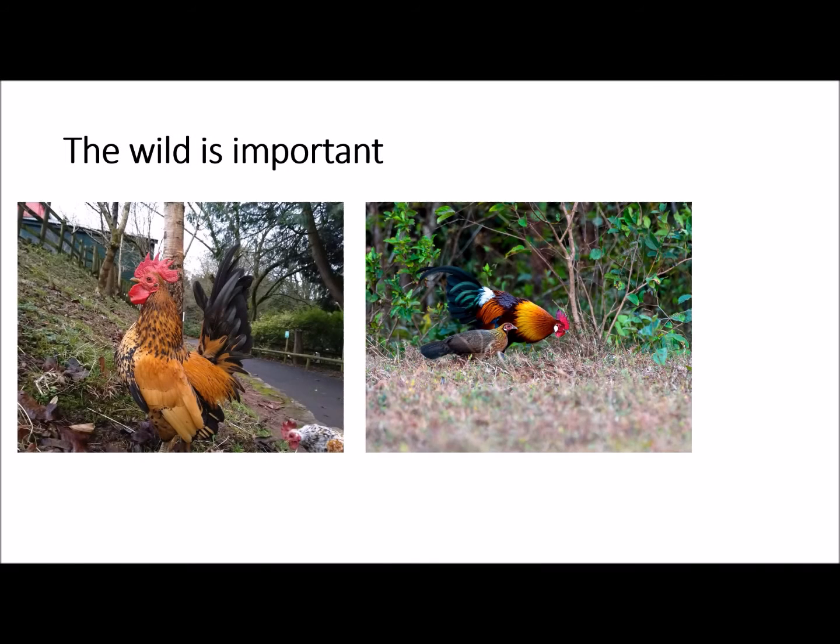It's really important to always consider the wild as our baseline for what behaviour means. Here's an example of a domestic chicken compared to its wild ancestor, the red jungle fowl.